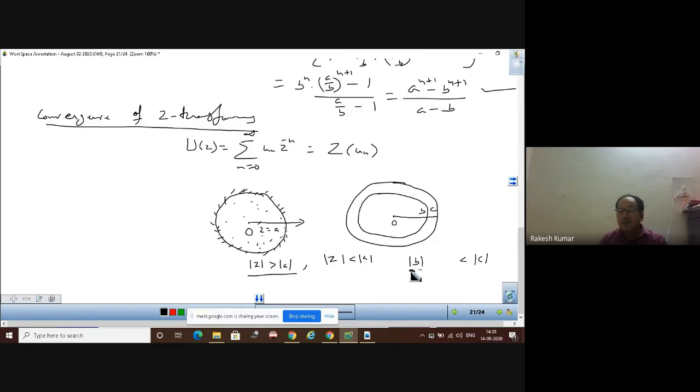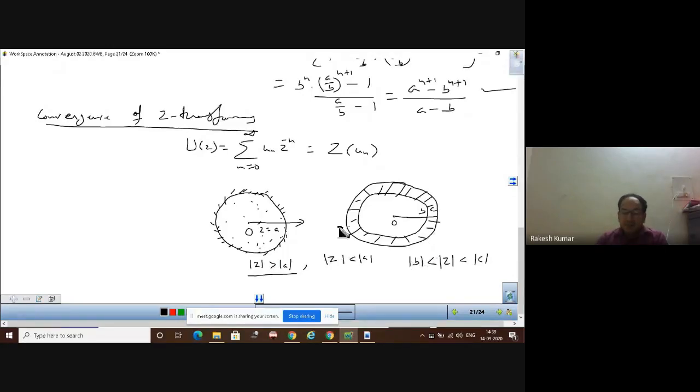Concentric circles mean having the same center. The region bounded by the two circles is this one. That will be a ring-shaped region. And when we talk about this region, we should say |z| lies between b and c, and obviously c is the bigger radius.